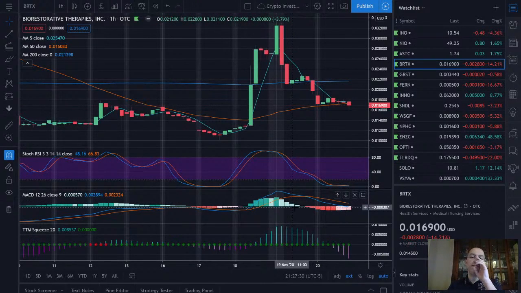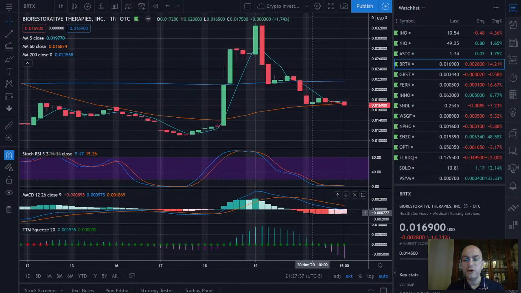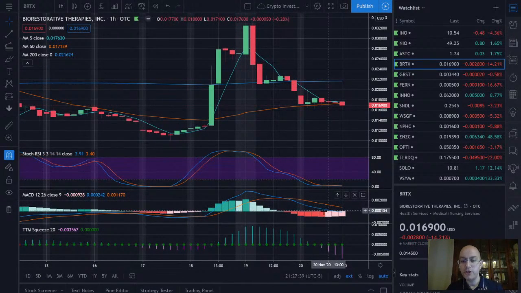So whenever I say in my video review that the chart actually looks bearish, however we're starting to see that the gap is closing, what I mean by closing is that it is converging closer to the signal.